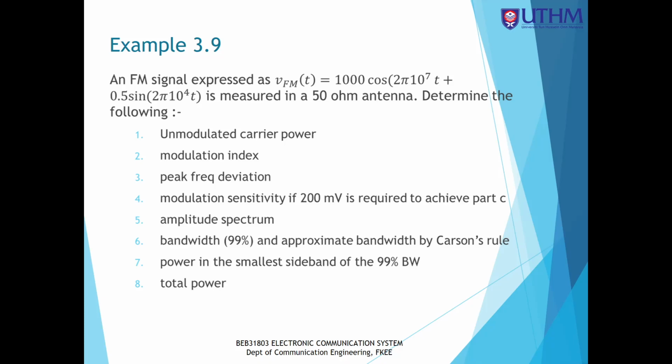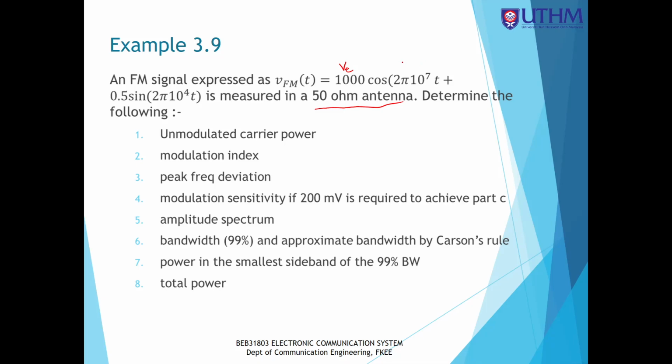The FM signal is given as 1000 cos(2 pi times 10 power of 7 t plus 0.5 sin 2 pi 10 power of 4 t), measured in a 50 ohm antenna resistance. Determine the following. You are given VC, 1000 volt.